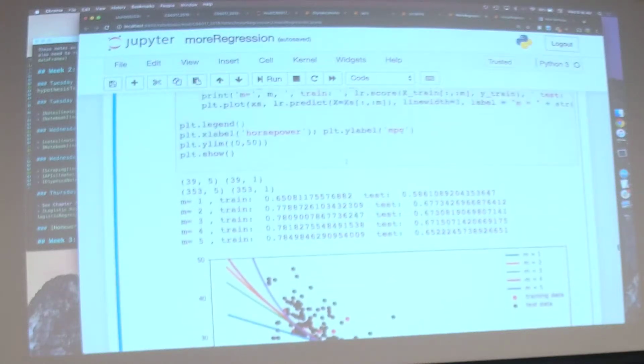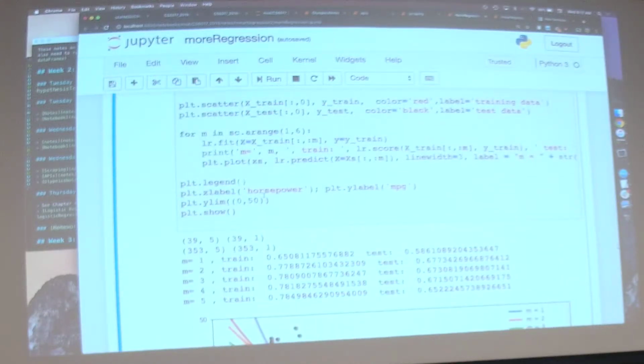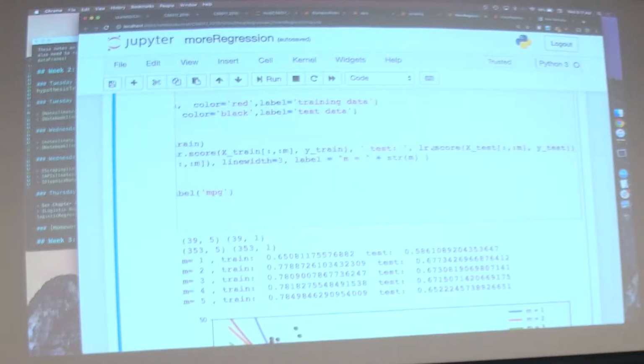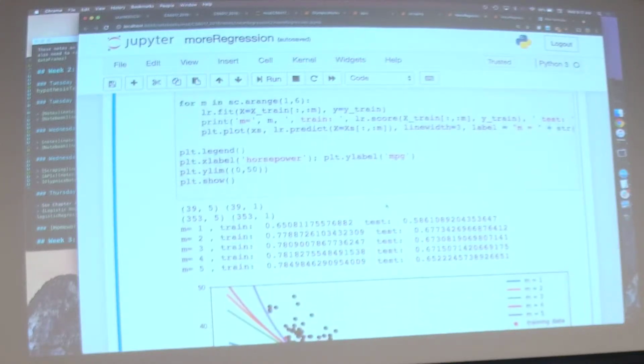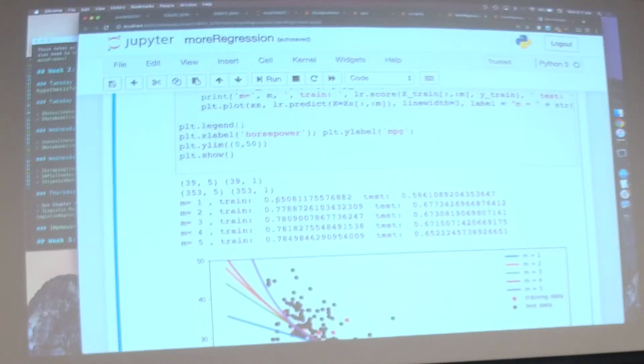Okay, so this is the R-squared value we're looking at, which is going to tell us basically how well we are matching the data. So we look for the linear model.